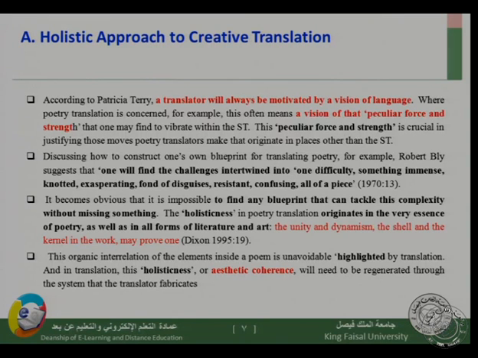You look at it from a poetic point of view, a linguistic point of view, a stylistic point of view, a cultural point of view, or a literary point of view, and you use all these elements to come up with a proper and appropriate translation. So you take into account as well the aesthetic coherence. I mean, your translation should be coherent, beautifully coherent.